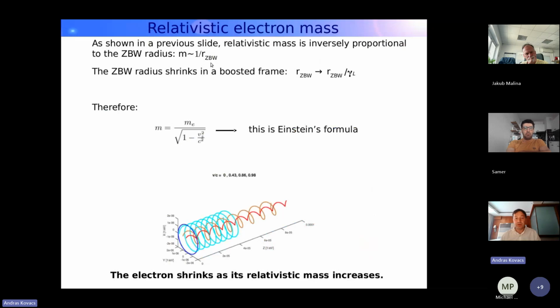If you put these two together, then it means that the electron mass is proportional to the Lorentz boost factor, and the formula is here. And this relativistic mass formula is exactly Einstein's formula. So we automatically get Einstein's relativistic mass increase simply by doing Lorentz transformation of the electromagnetic fields.